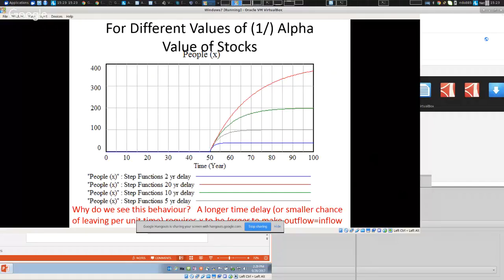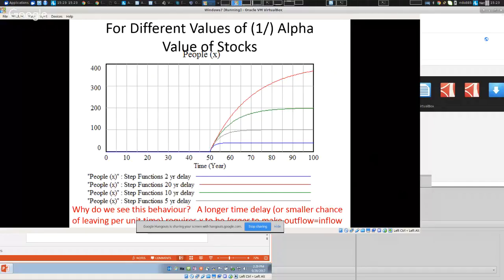Does the value of the stock need to be bigger or smaller to equal the same inflow? It needs to be bigger. It needs to make up for the bigger tau in the denominator. So if tau was 10 times as large, the value of the stock needs to be 10 times larger. It builds up to a higher level, because it doesn't turn over as quickly. You're in the stock for a longer time. 20 years in that darn stock.